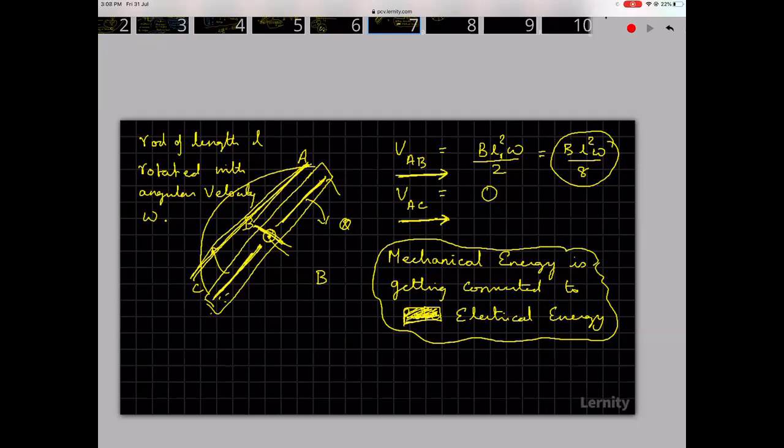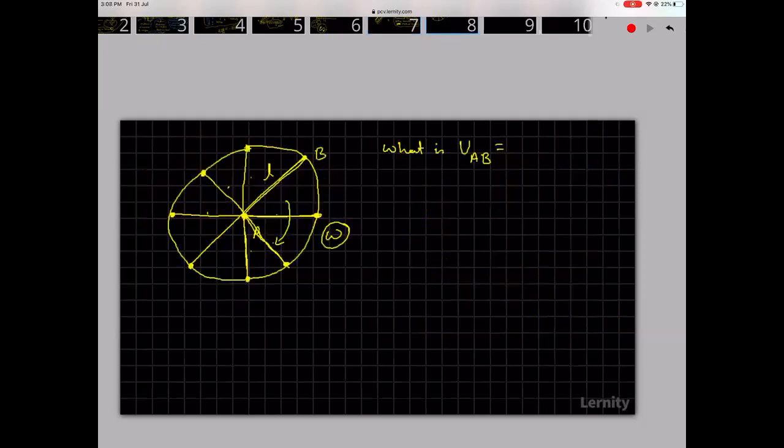Okay, so this is the next one. I asked you this one. So understand here, this potential difference is equal to B L squared omega by 2. This potential difference is also equal to the same, and so on for each rod.